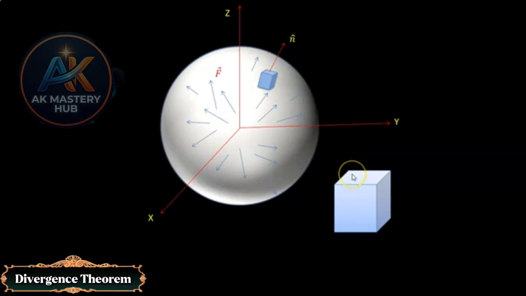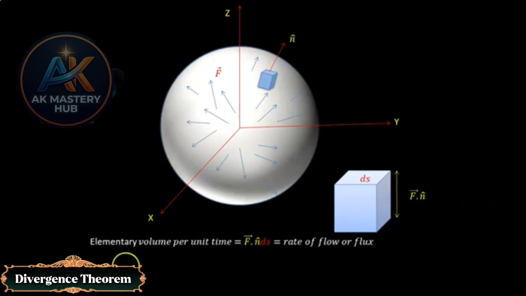If we look at large scale, then the top portion of this volume is nothing but the surface element dS, and the height of this volume is the normal component of the vector function. Therefore, we can write the elementary volume per unit time is equal to the product of the normal component of the vector function and dS.